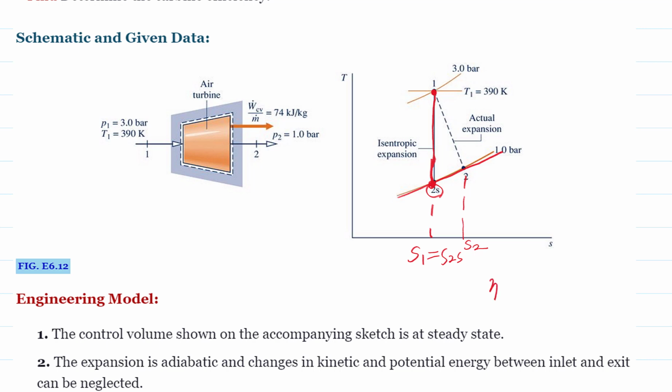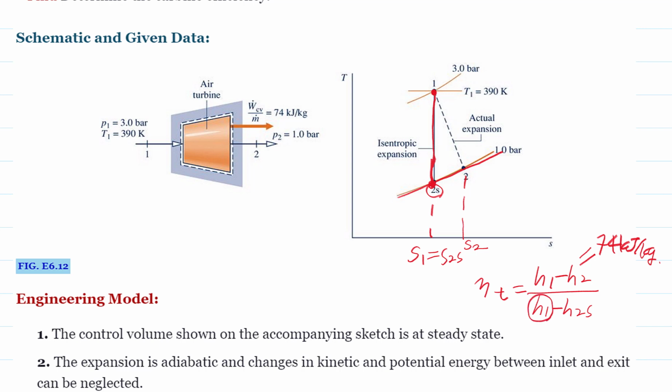And the isentropic efficiency of turbine is defined as H1 minus H2 divided by H1 minus H2S. H1 minus H2 is given, 74 kJ per kilogram.